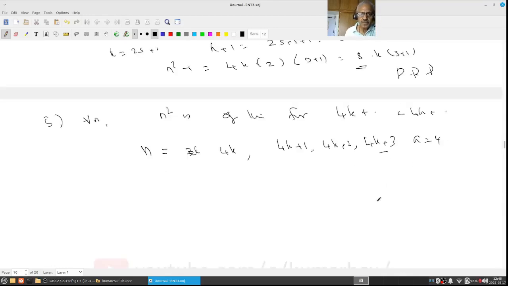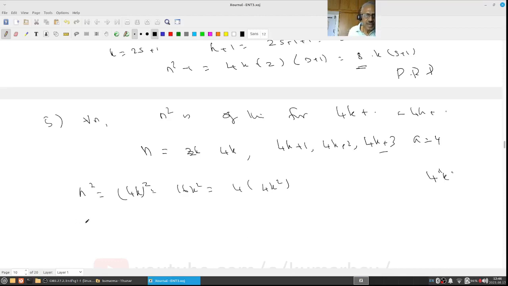So we just look at each and every case. When n is 4k, n squared will be 16k squared, which is 4 into 4k squared, therefore it is of the form 4k for some k.